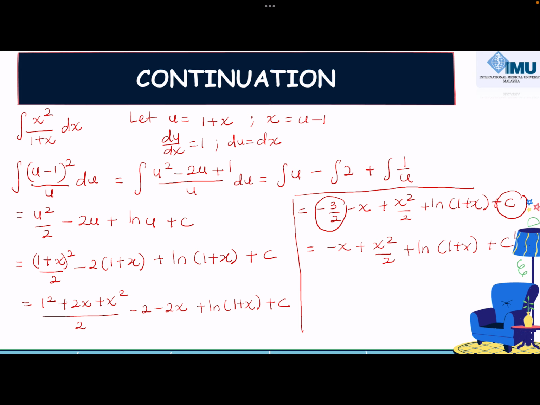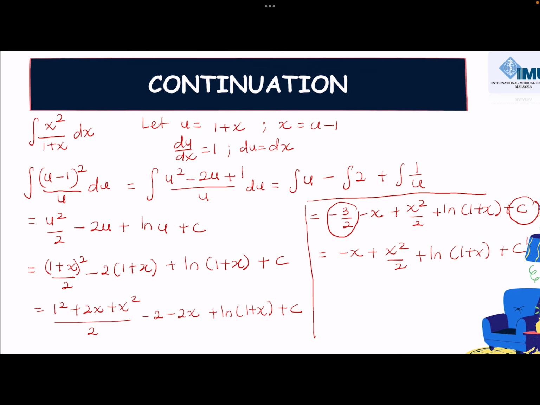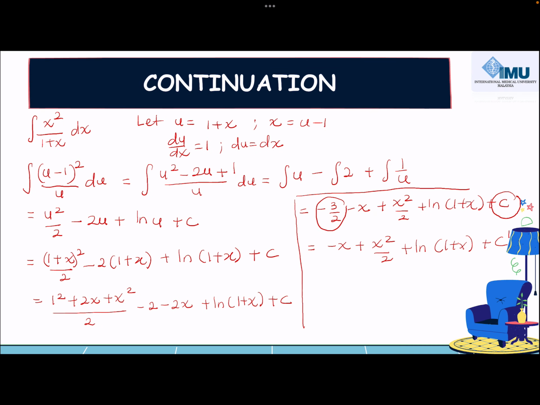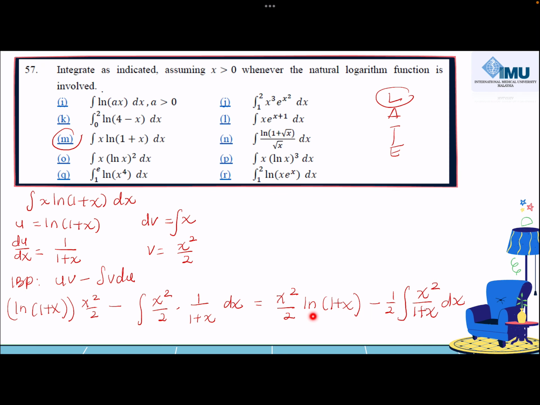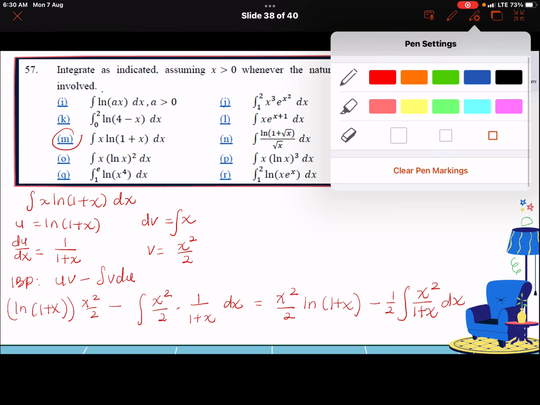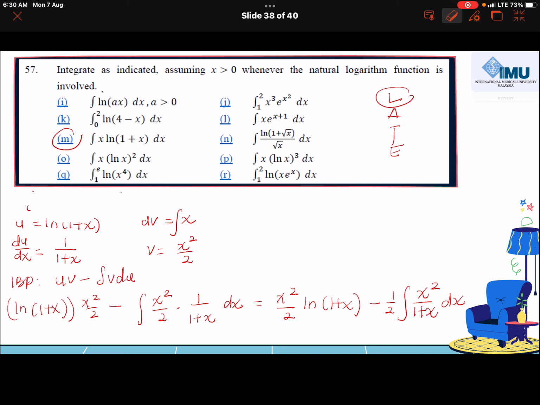Since I already found the solution for that, I'm going to replace back into my previous solution. If you still remember our previous working step, yes, I'm going to replace my integration that I obtained. Let's erase the top space for us to write our final solution.